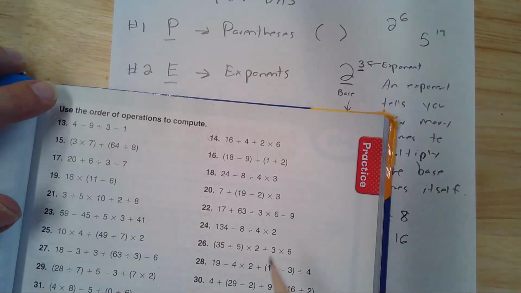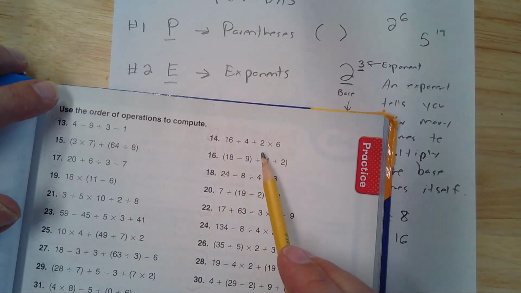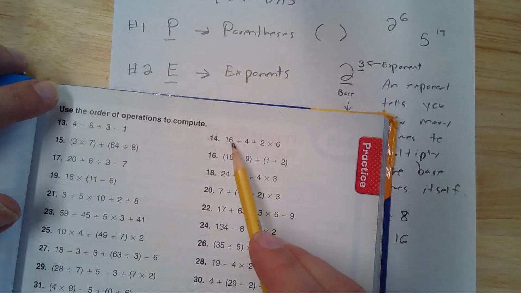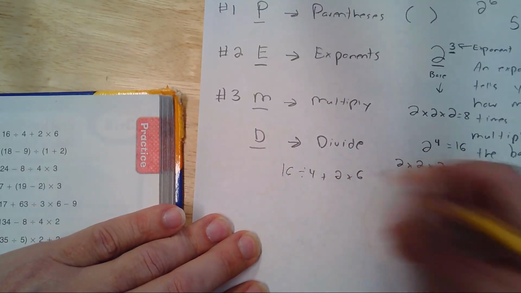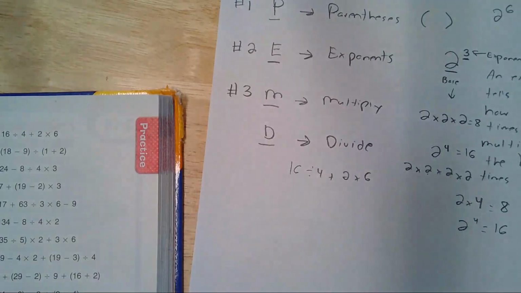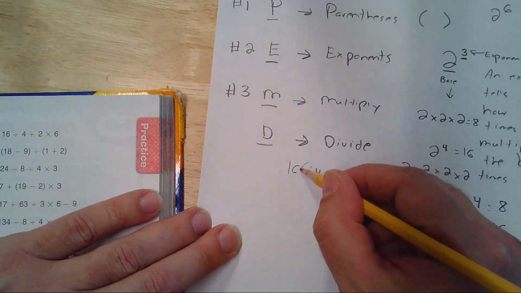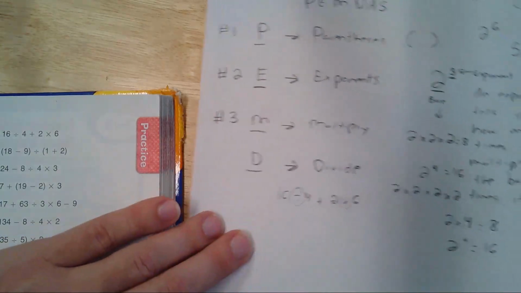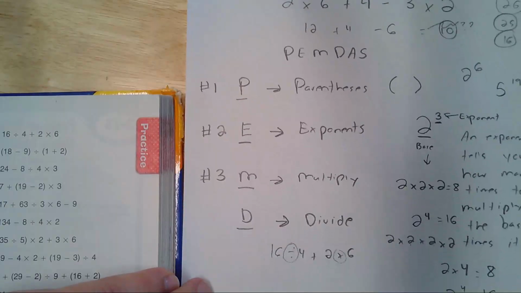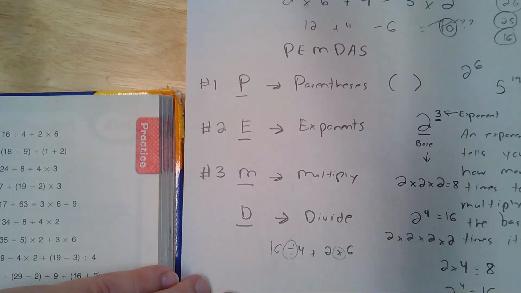That's the whole key. So if I look at 14, well, I see 16, and I'll write it down real quick here. But the rules say multiply and divide. Now here, notice how I don't have any parentheses, right? I don't have any exponents. So I guess you could say I did steps 1 and 2, right?